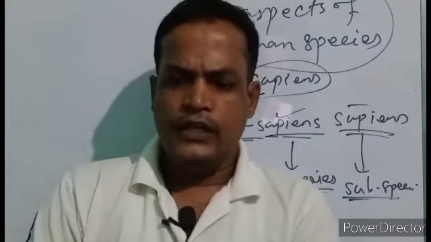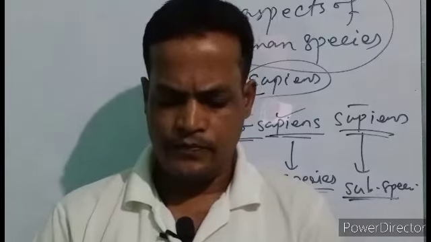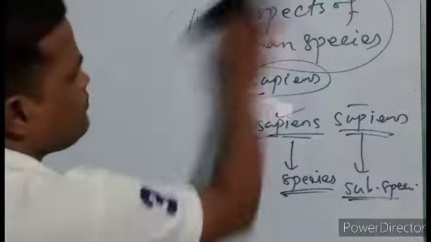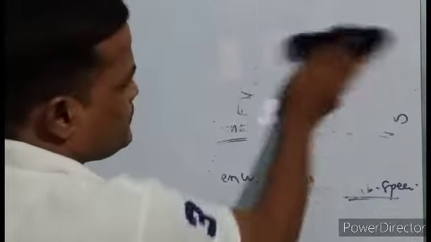So if we compare anthropology with the other branches of science, suppose we compare the study of history with anthropology. History studies the human past, from the past to the contemporary.